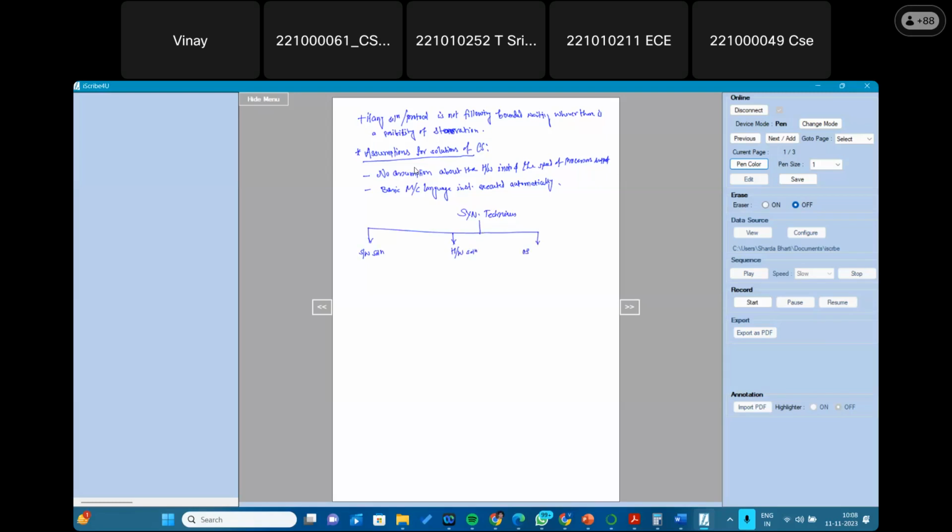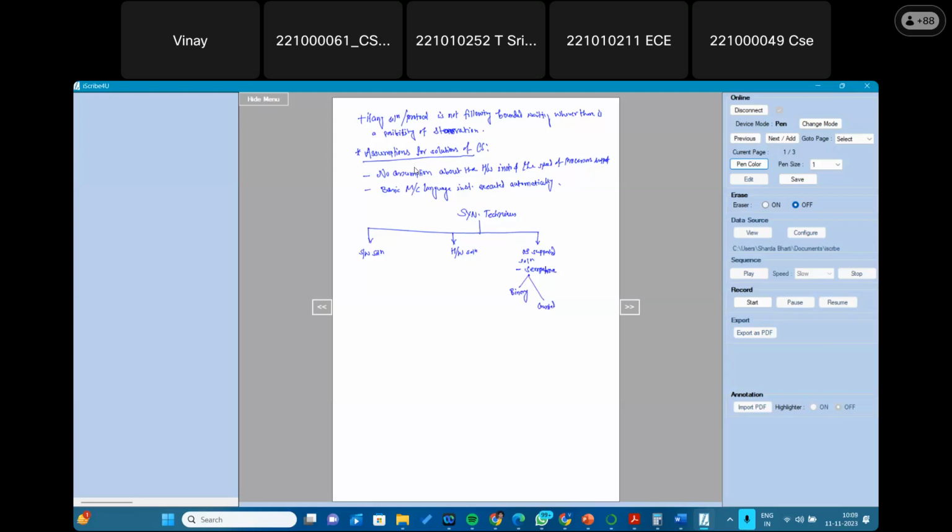Then we have an OS support solution, basically using semaphore. So it is of two types. One is called binary semaphore. Another is called counting semaphore.